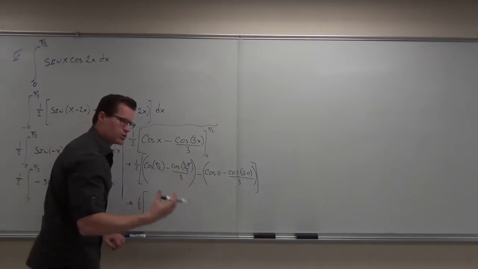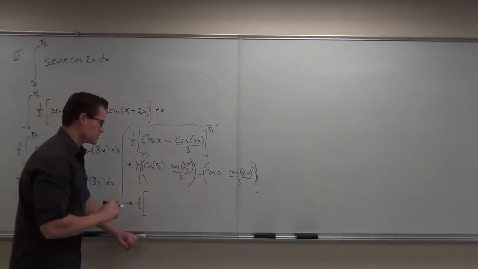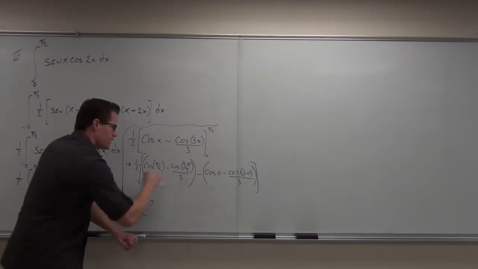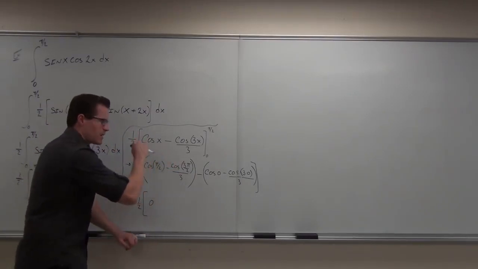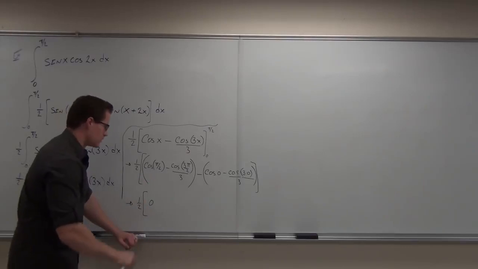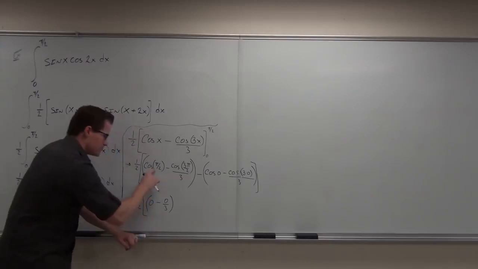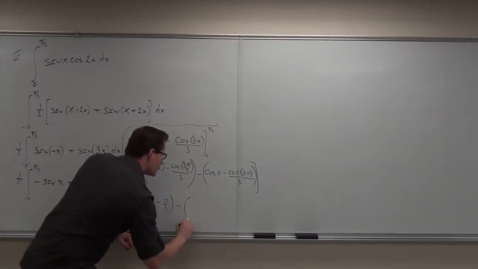Big bracket, don't lose things here. What's cosine of pi over 2? 0. How about cosine of 3 pi over 2? My bad. 0. 0 over 3. Big difference.